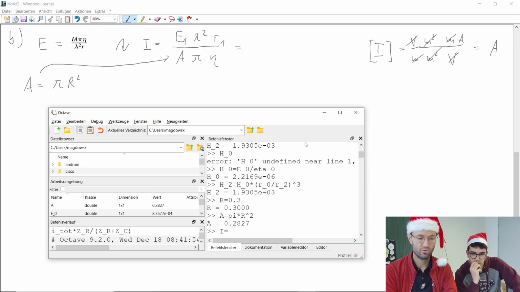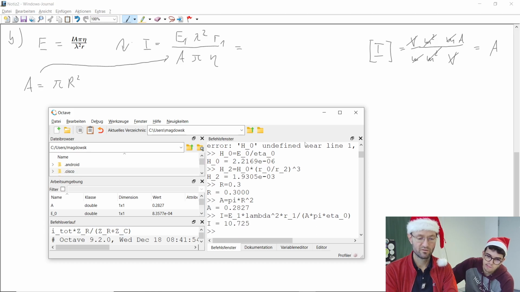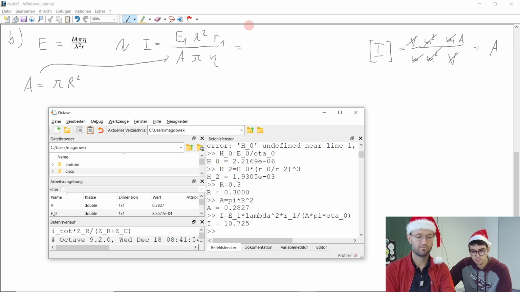And so then the current is E1 multiplied with lambda squared multiplied with R1, and then divided by the area times pi times eta 0. This is how it's called in MATLAB. And so we get a current of 10.7 ampere.